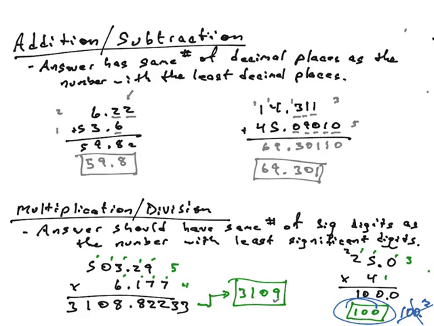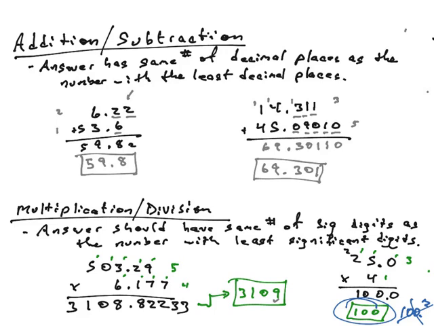Whereas if I'm multiplying and dividing numbers, then I multiply it all out or divide it all out, get an answer, and I round that answer to have the same number of significant digits as the number with the least number of significant digits in the problem. Okay? Addition and subtraction, decimal places. Multiplication and division, digits.